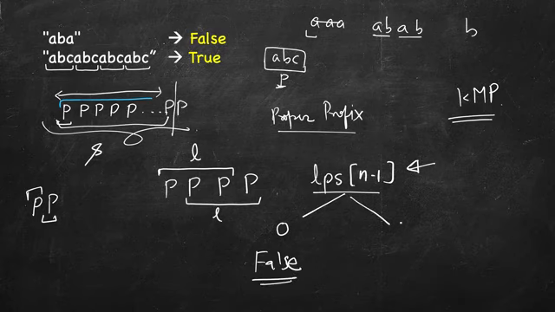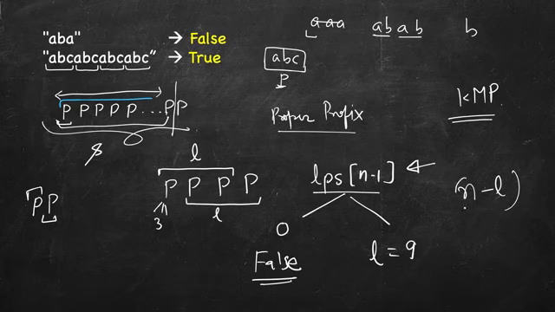If LPS is not 0, then what will you do? In this case L will be, let's say each P is of 3 characters, then this will be 9. So if you subtract n minus L, where n is this complete thing.